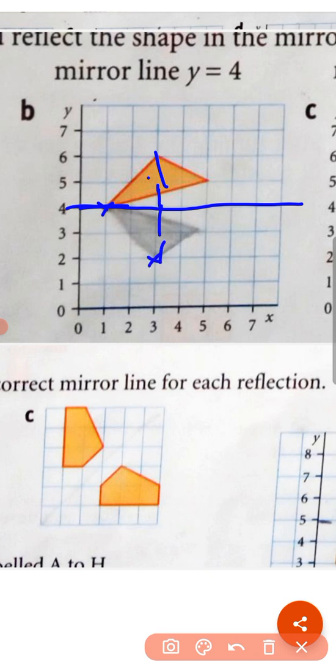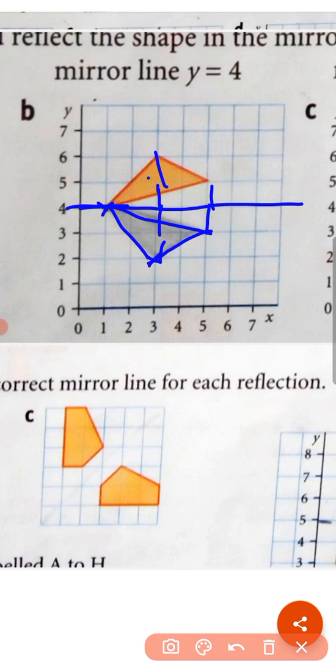Then this is 1 unit. Now join this, 1, 2, 3. This is the image.